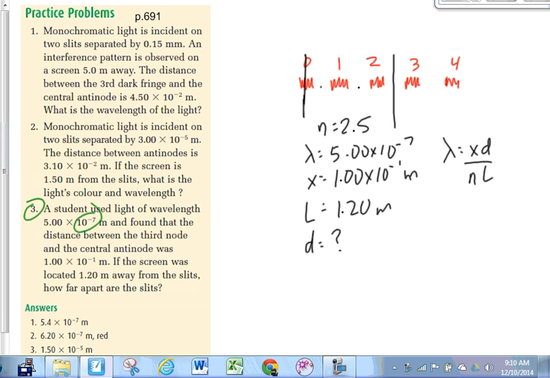My little rule of thumb helps us to avoid even finding the angle. That rule of thumb, as Tom said a few minutes ago, was basically if L is greater than 10 times x. Is L greater than 10 times x? Well, L is 1.2 meters. x is 0.1 meters. Let's multiply x by 10.